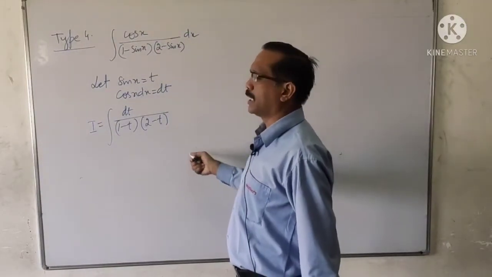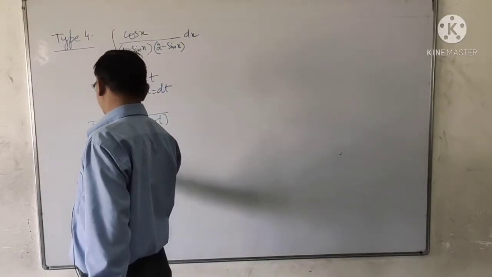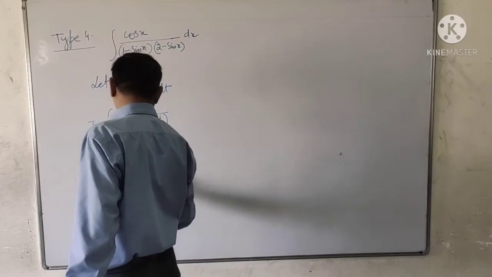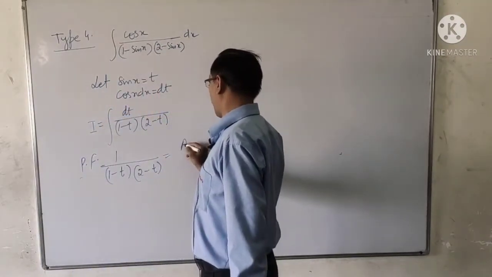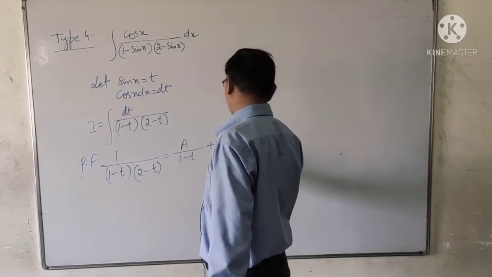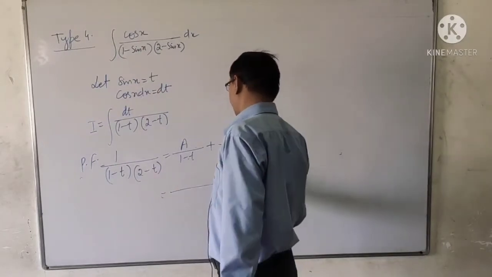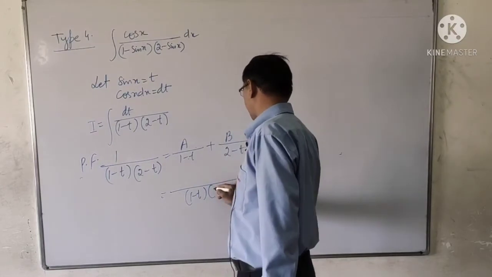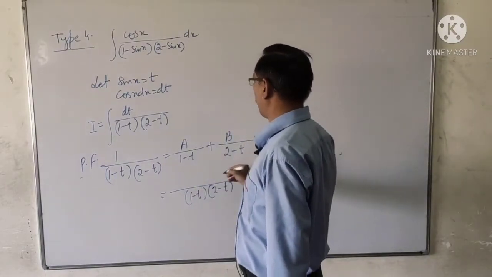Now it is type 1. So the partial fraction of this, 1 upon (1 minus t) into (2 minus t), is equal to A upon (1 minus t) plus B upon (2 minus t). Take the LCM. It is (1 minus t) and (2 minus t).